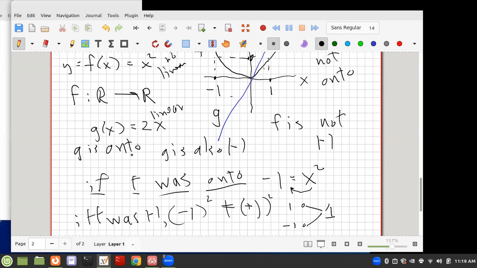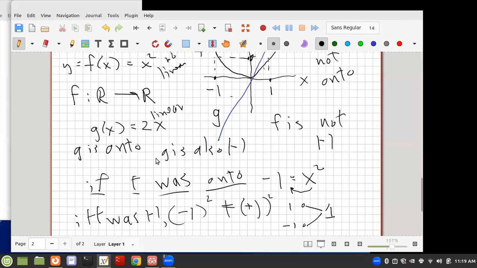Any map that's what you'd call an even function, where if I change x to -x and I get the same value, is clearly not going to be 1 to 1, because I have two values going to the same place. Now, x cubed would define a function that would end up being both 1 to 1 and onto, because you get negative numbers.